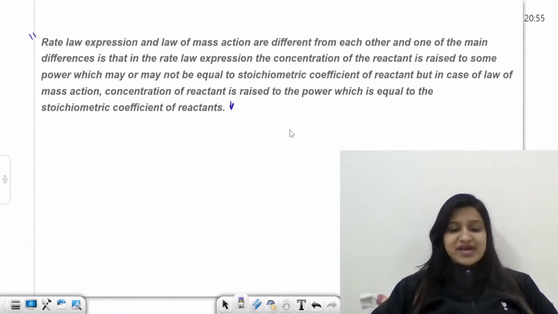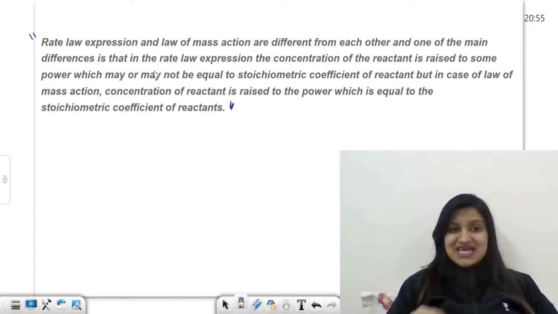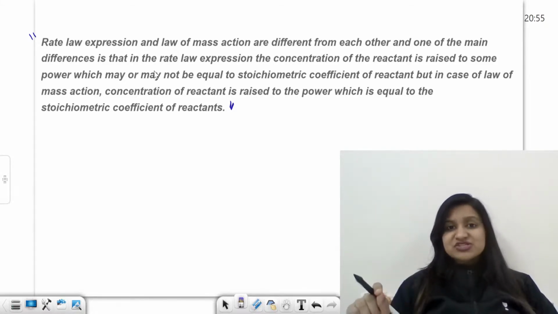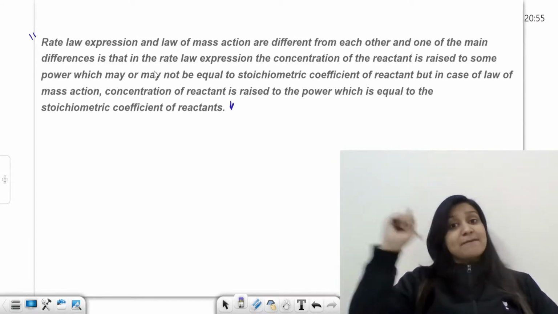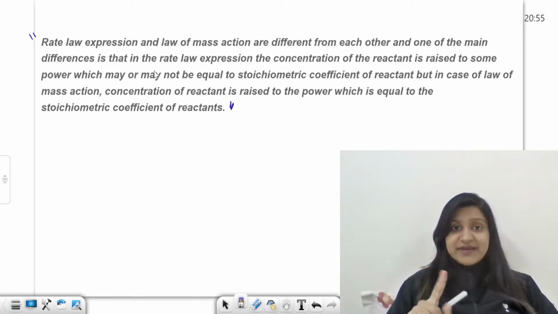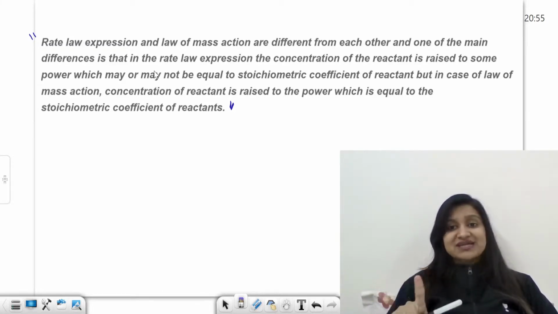Now let's move ahead. The rate law expression and the law of mass action are different from each other. One of the main differences is that in the rate law expression, the concentration of a reactant is raised to some power which may or may not be equal to the stoichiometric coefficient of the reactant.